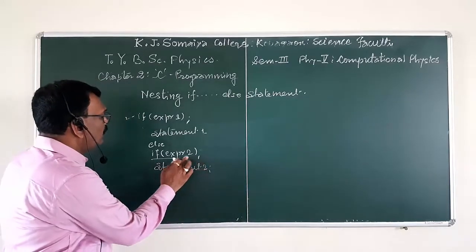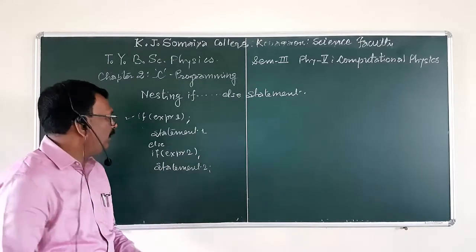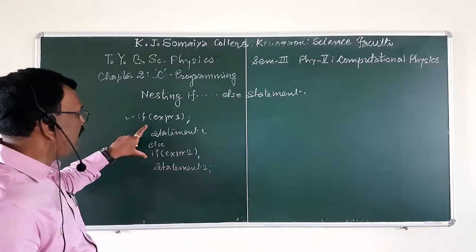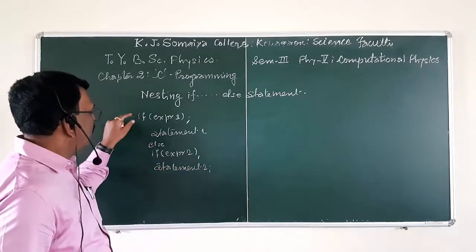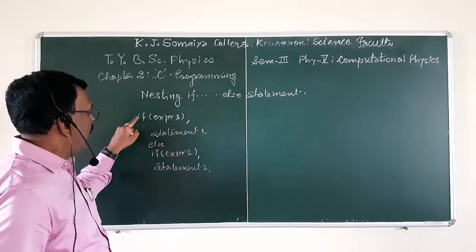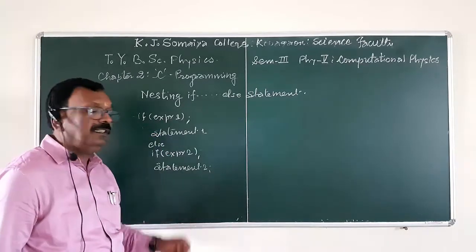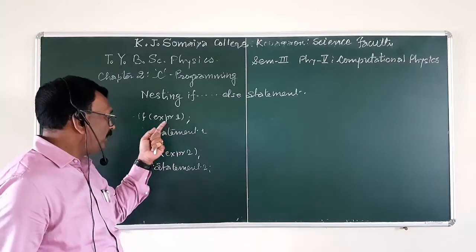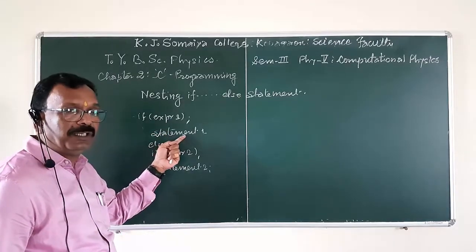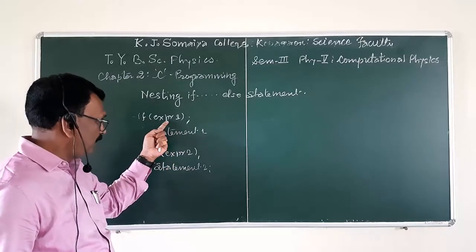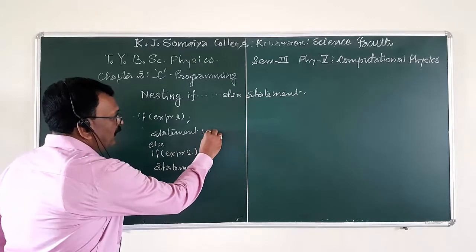Now we are going to see very shortly how this statement executes. When we encounter such a statement in our program, what happens? First this statement is executed, and during the execution the expression is checked or tested. When the expression is true, then statement 1 is executed.